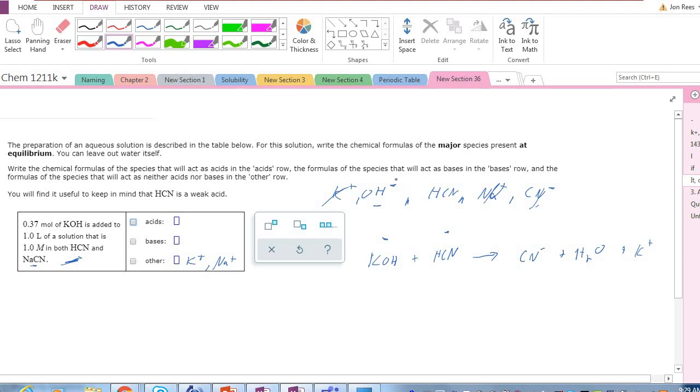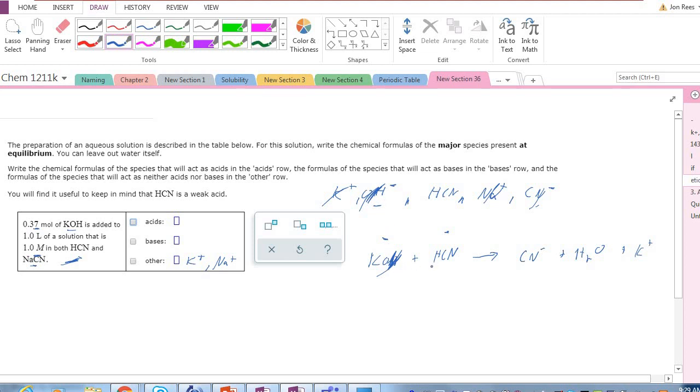weak acids. Okay, so let's just look at our concentrations here. So I have 0.37 moles of the KOH, whereas I have 1 mole of both the HCN and the NaCN. So I know that the KOH, okay, so that OH is going to be completely consumed. It's going to be gone. There is going to be no OH in there.